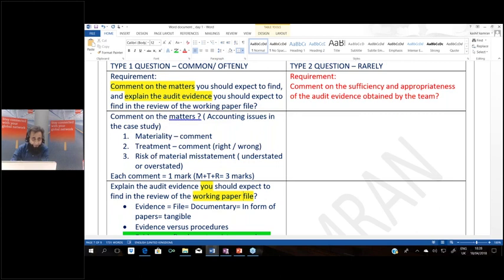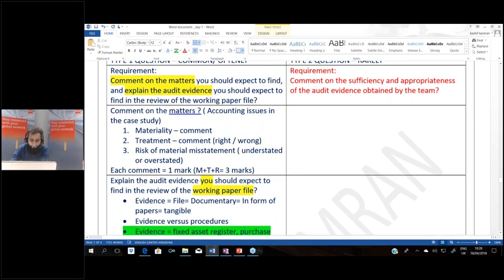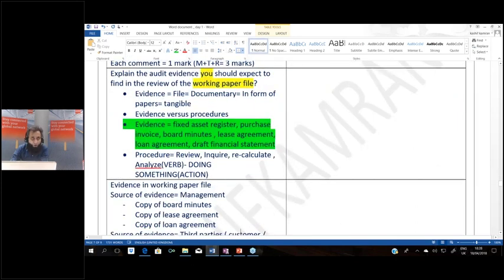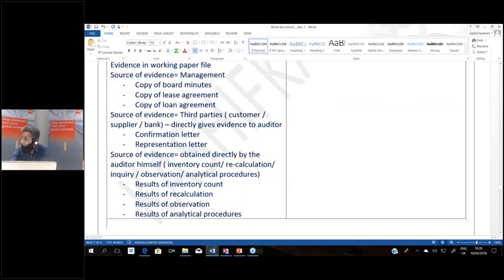But if the evidence comes directly from the third party, I'll not write anything. And if the evidence comes directly by the auditor performing something, I'll simply say results of inventory count, results of recalculation, results of observation, results of analytical procedure, right?